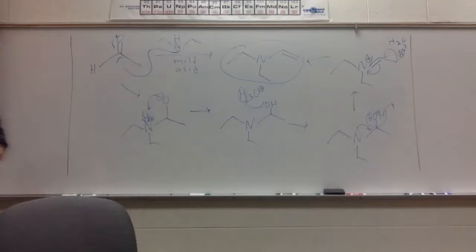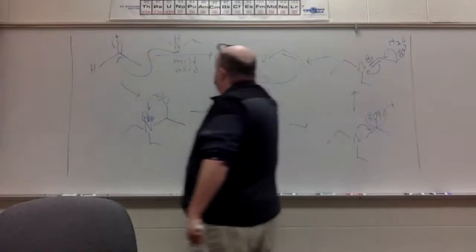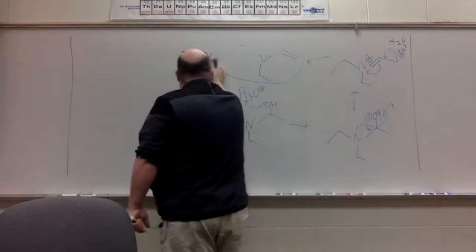Okay. That makes sense? Great. Did that help? Yeah. Thank you. Okay. You can also try to predict the product with these as well. It's a little bit trickier than doing it with an imine, but it's still very possible.